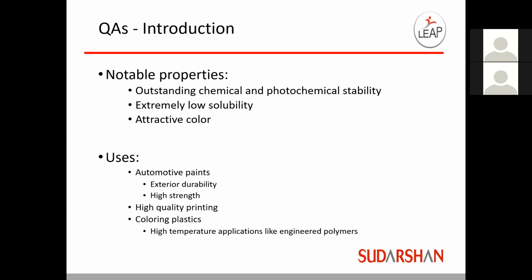Their uses are in all application areas, but because of their fastness properties, they play a heavy part in exterior uses where that exterior durability is required, like automotive types of paint systems.